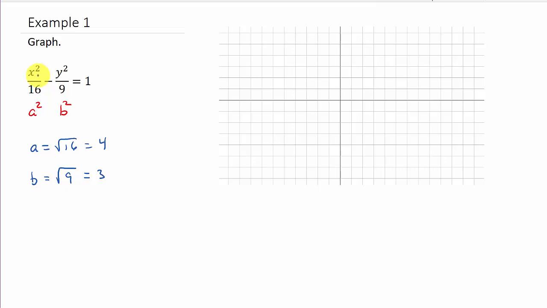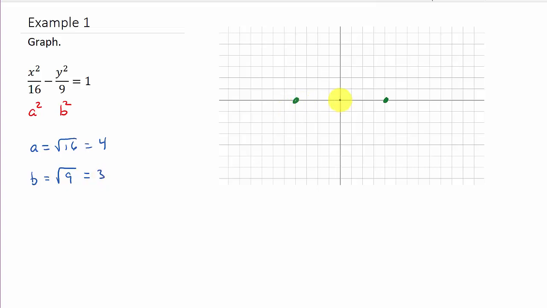So let's mark off a and b. A is going to go left and right because it's under the x. B is going to go up and down because it's under the y. If we mark this off, A is 4 units this way and 4 units this way.